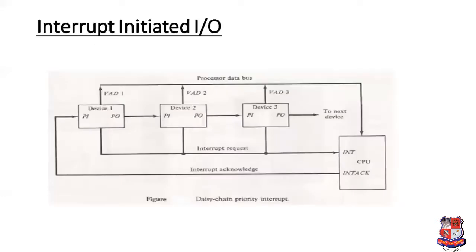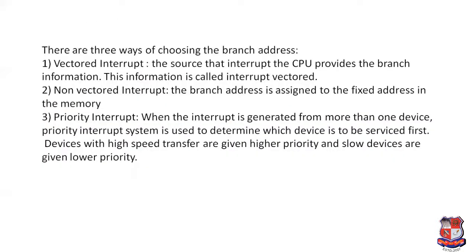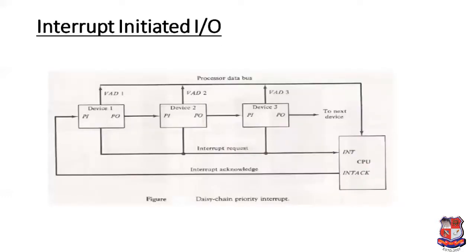Now, the figure shows the interrupt initiated I/O and the block diagram of priority interrupt using daisy chain. Here, the interrupt generated from more than one device is shown using device 1, which has the priority interrupt, and device 2 and device 3 are all given with the interrupts.